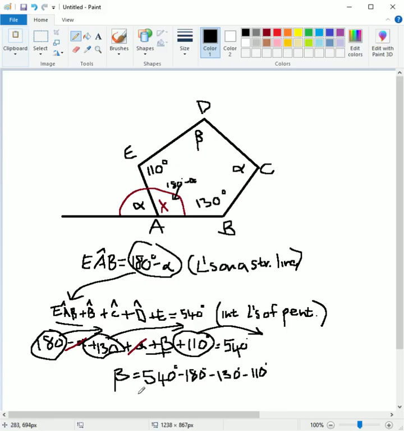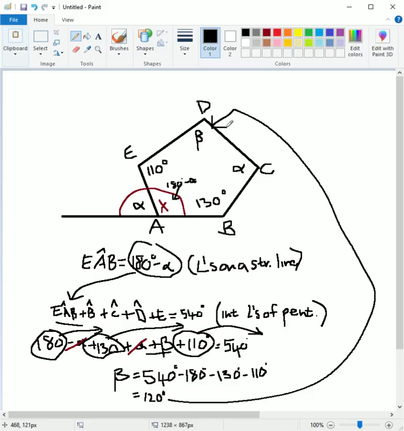Let's put all of that into our calculator quickly. 540 minus 180 minus 130 minus 110 is 120. So our beta value is 120 degrees. This is the value that goes over there.